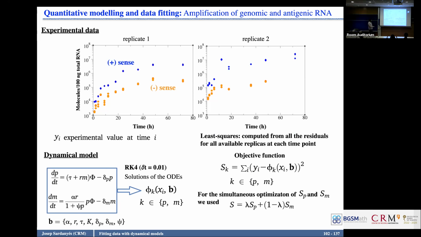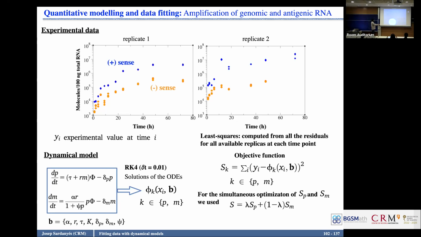So here, what I used is least squares computed from the residuals. This is what we call the objective function. This is a measure of the distance, or the error, let's say distance better, between the simulated data, simulated here with the arrays, and the experimental data.